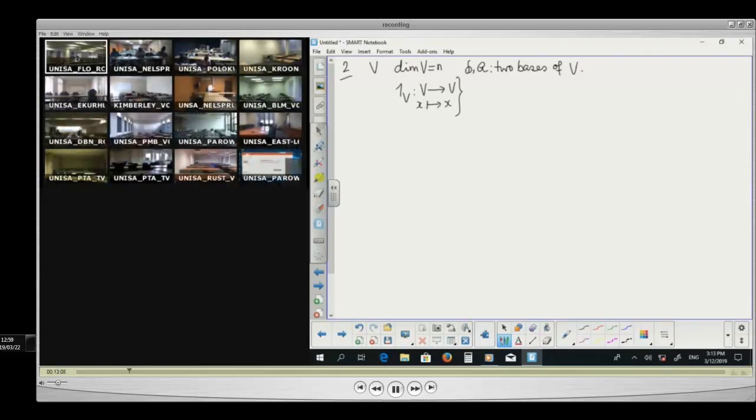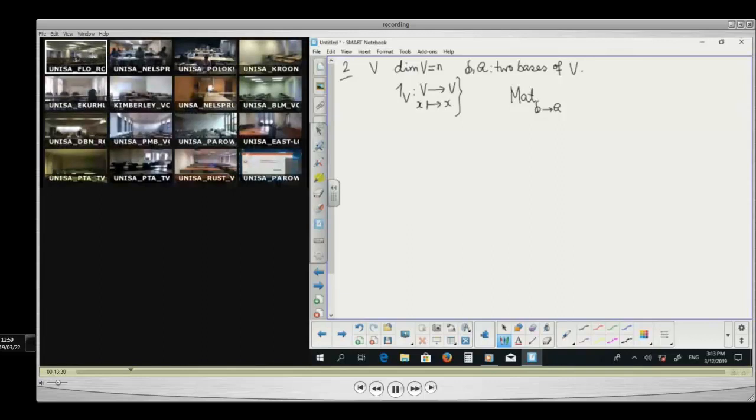So we would like to find out the matrix. Initially on the domain side we had B, and on the codomain we have A. So I am taking first V with basis B, and on the codomain side V with basis A. Okay?